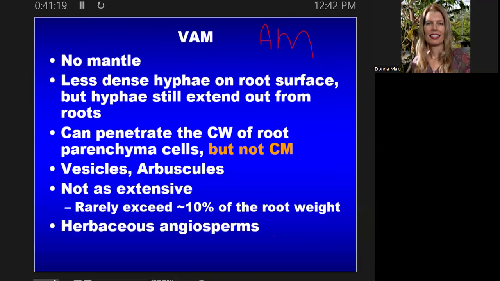So most of the flowering plants, the so-called herbaceous angiosperms that don't form woody material in their stems in particular. So tomato, potato, cannabis, mint, basil, I mean, the list goes on and on. So you will have these types of mycorrhizal fungi hanging out with them.